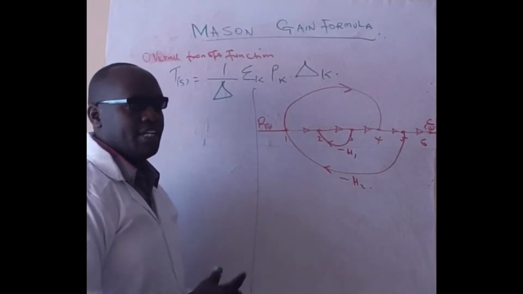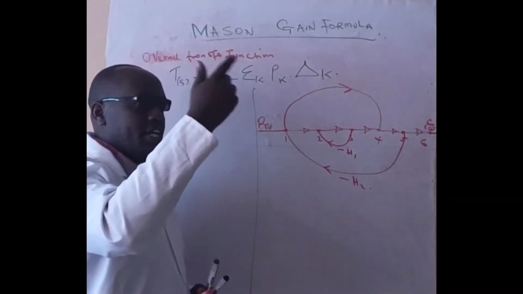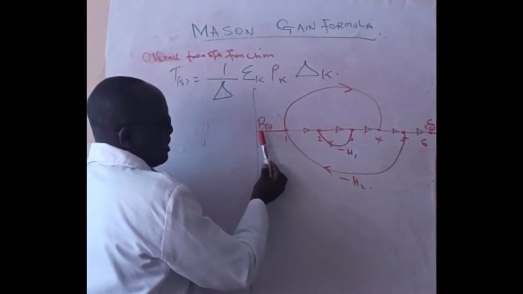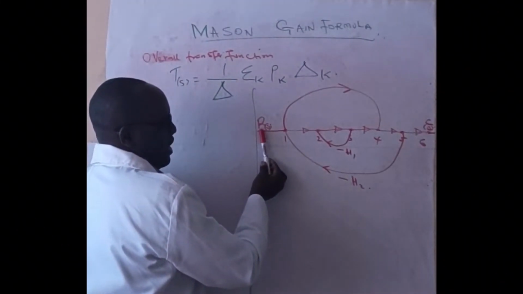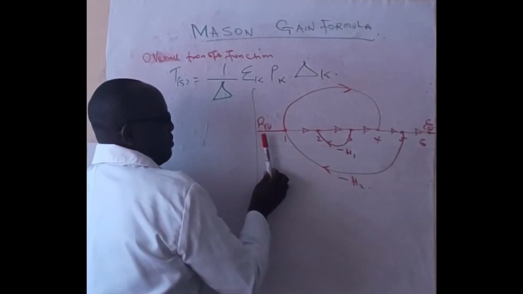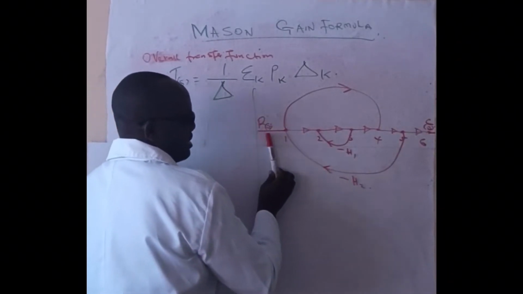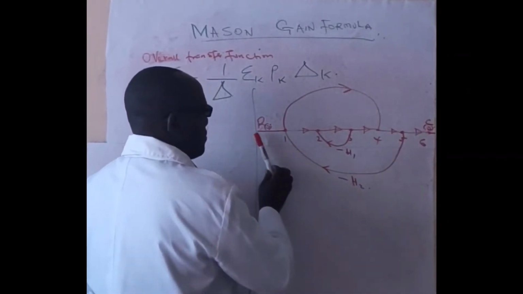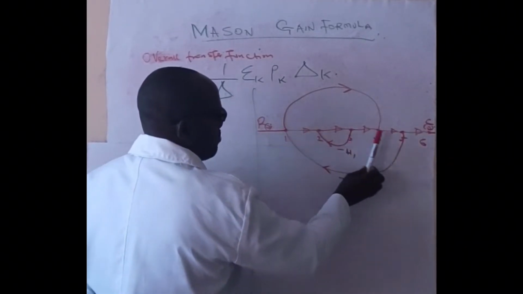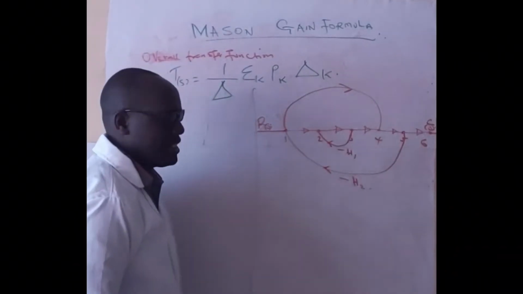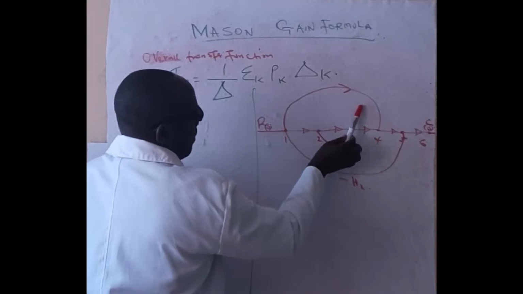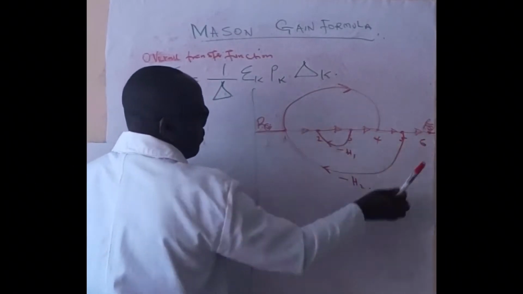It runs from the input all the way to the output, like as we can see from here, R to C, which means this is a forward path, going like that out to that C. So we can have this to be the first forward path, and then also we have this one going up, and then finally going to C.